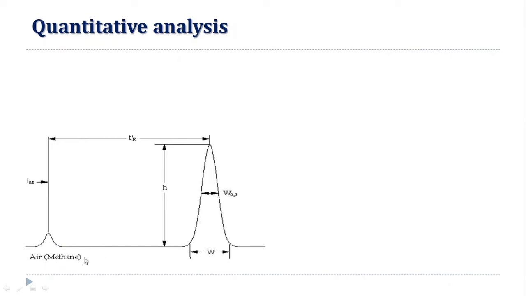As per time, the peak appears for one of the components. The distance between sample injection and the peak, measured in time, is the retention time. This axis is for the concentration. This axis is for the time.